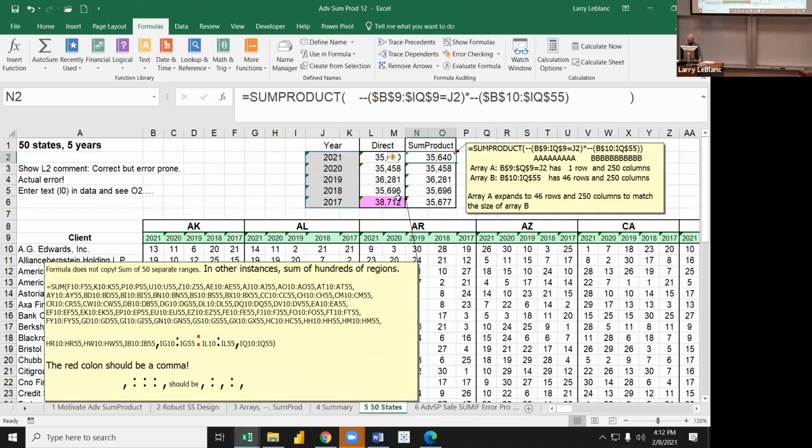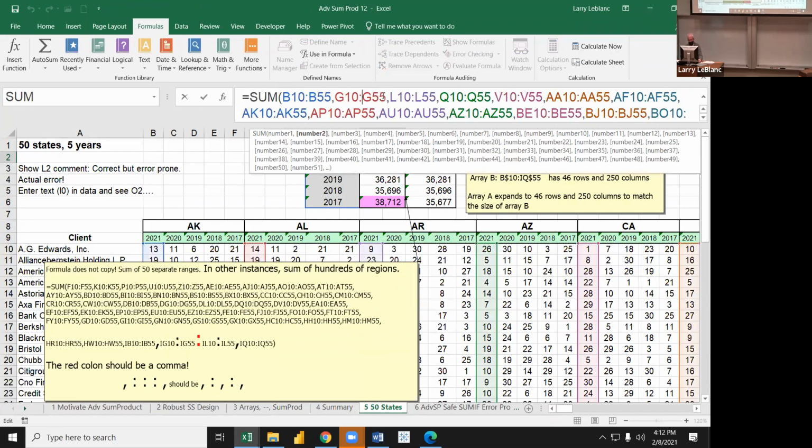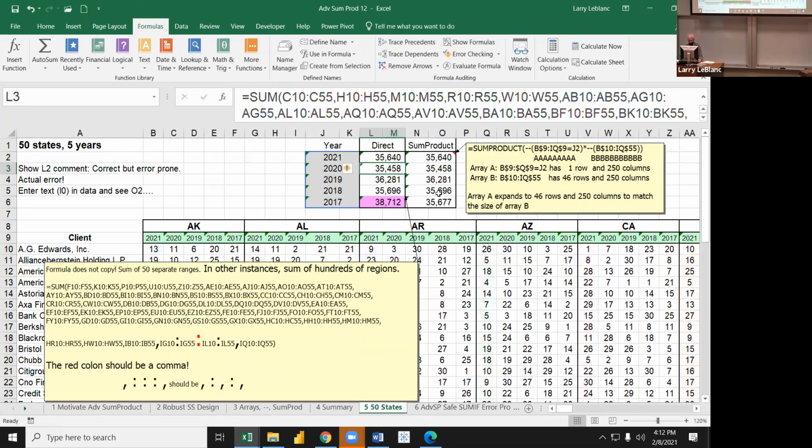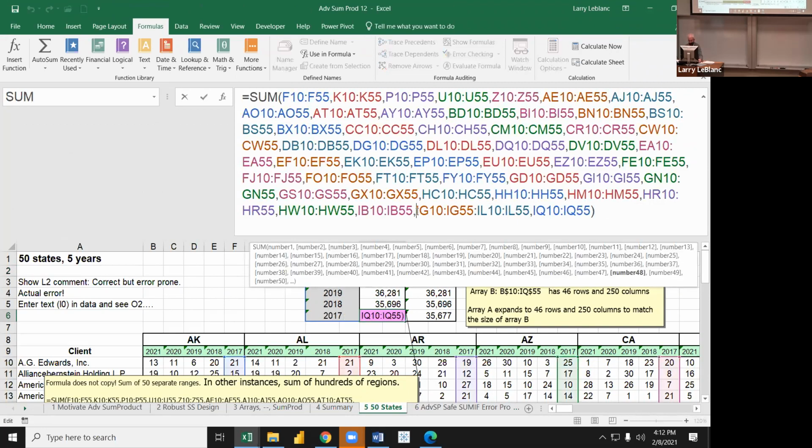Not only that, the TA had an error. Look at the syntax: colon, comma, colon, comma, colon, comma. That's the syntax that's supposed to be there. Let's see if I can find the error without referring. Look right here.